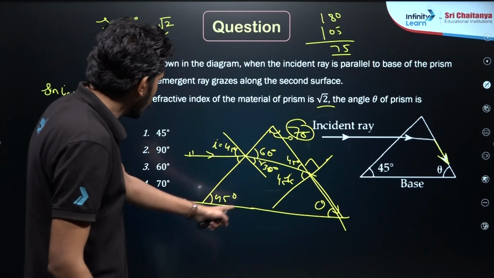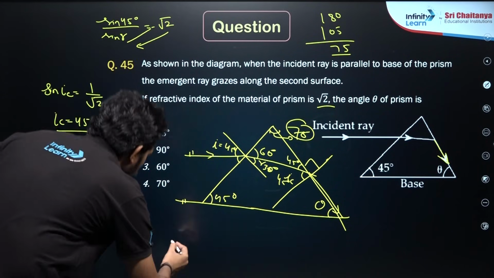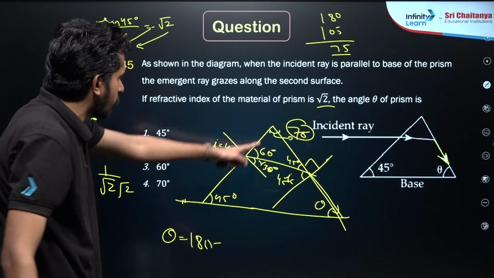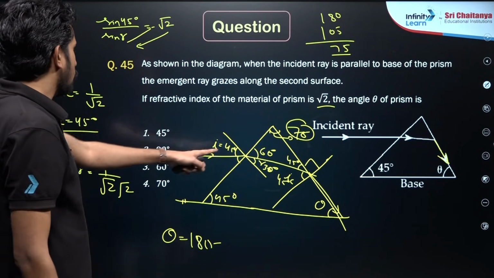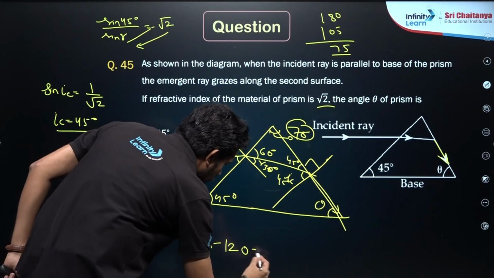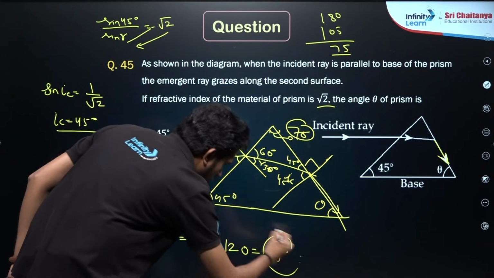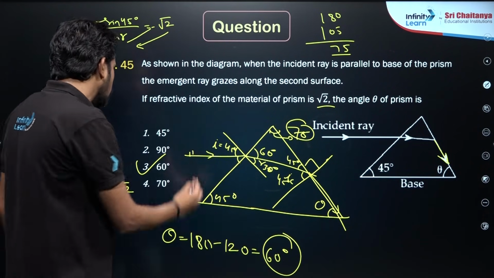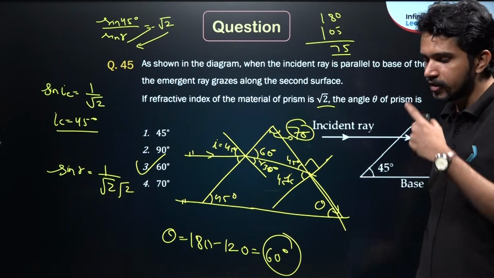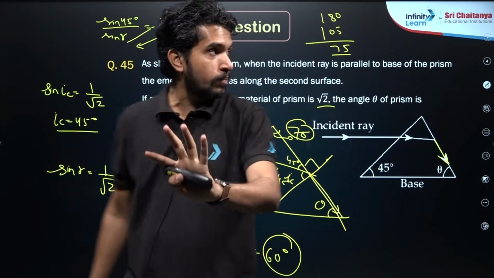This angle is 75, 45. So theta would be what? 180 minus sum of 75 and 45. 75 and 45 is 120. So theta angle is 60. See, pure geometry based question. If you know the mathematical geometry, question is very simple.